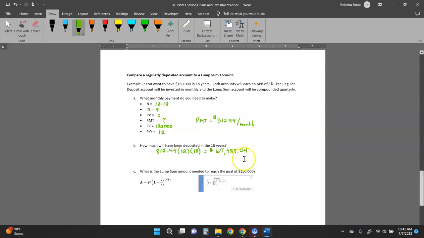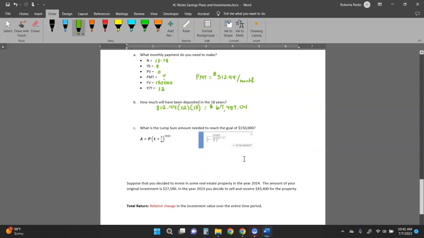But what would be the lump sum amount, rather than doing this every month? So $312 every month, kind of like a car payment, will earn us $150,000 in 18 years, but we have put in $67,000.